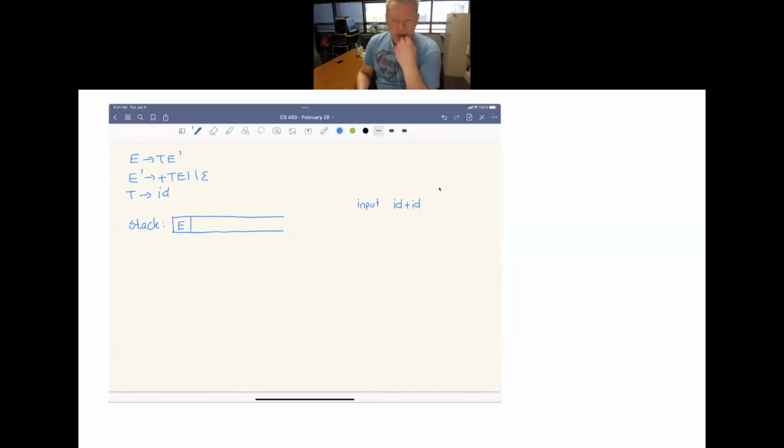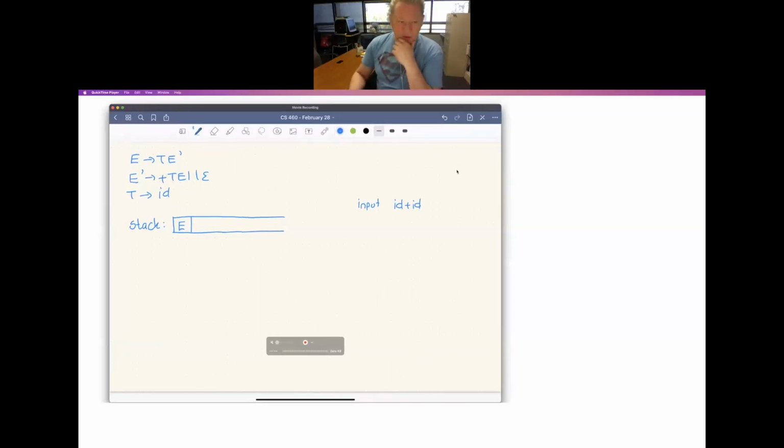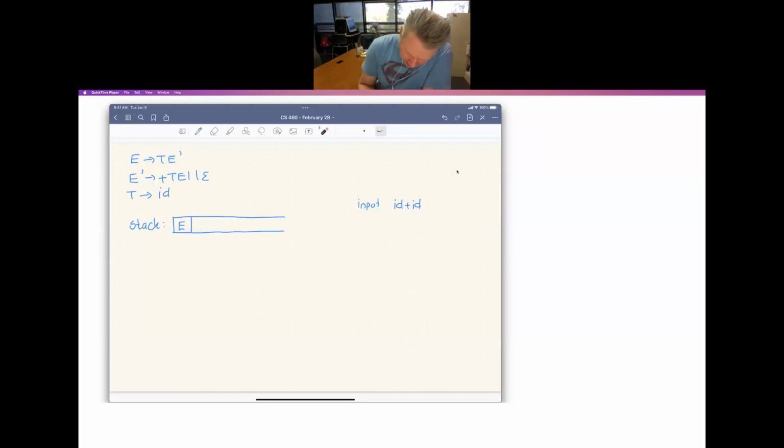Right. Now, if we were doing recursive descent, we would look at the first sets, and then say if ID is in the first set of T, then we would call parse T, and then call parse E prime. But now, couldn't we say that in order to match that to this, I have to match that to this.